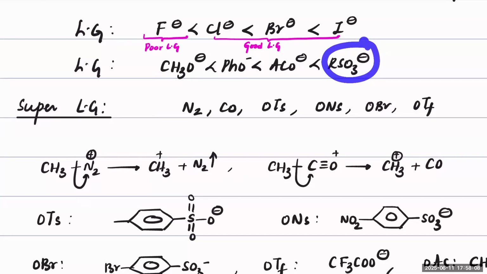That's why it is a good leaving group, right? So much so that this one is an excellent leaving group. This one is a good leaving group, and these two are poor leaving groups. Got it?